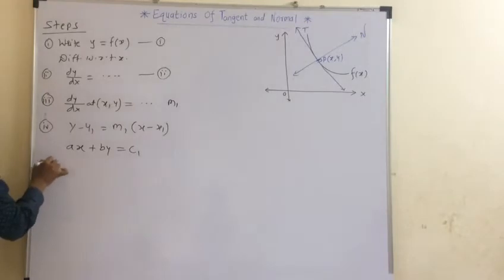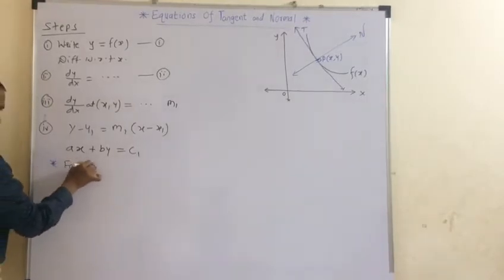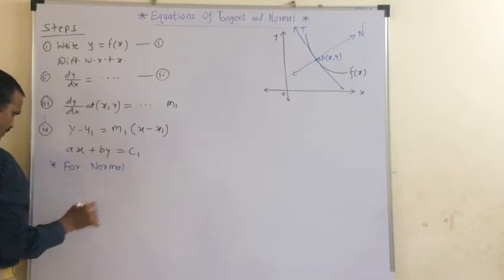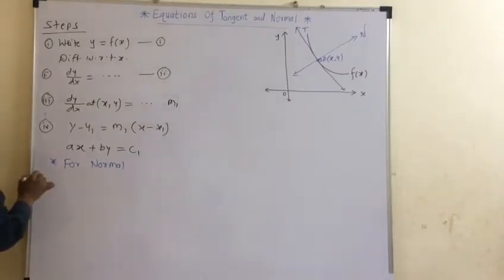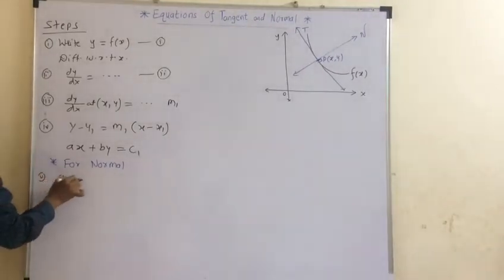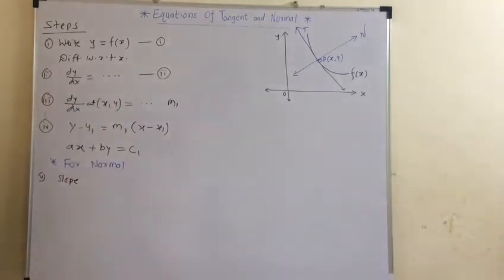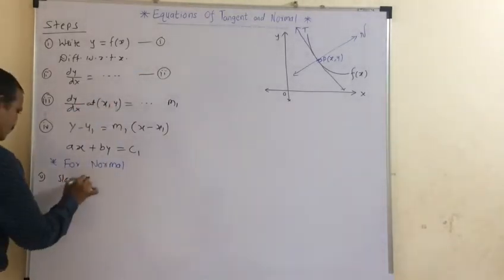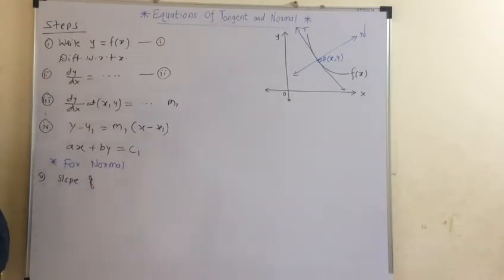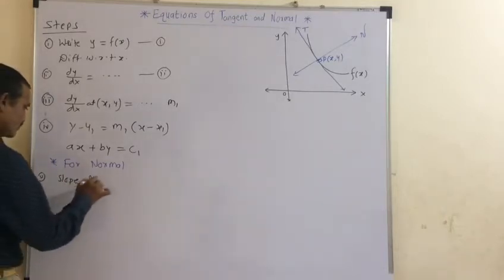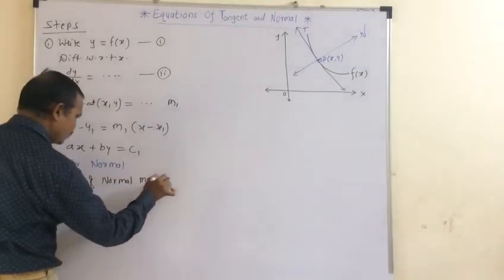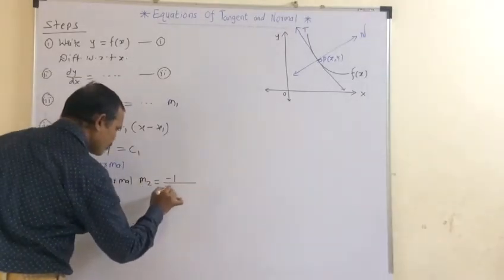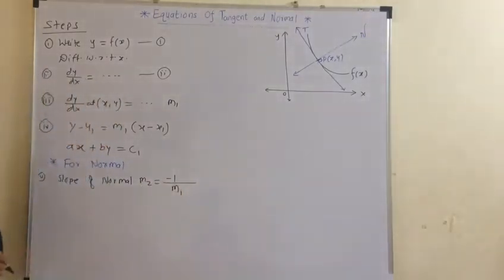Now similarly we find equation of normal. Next take steps for normal. So we first find the slope of normal. As we know, normal is perpendicular to the tangent. So product of their slope is -1. Now slope of normal, say m2, is equal to -1 upon slope of tangent, that is m1.